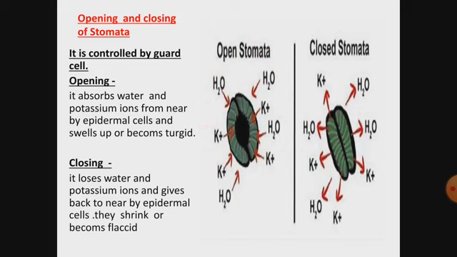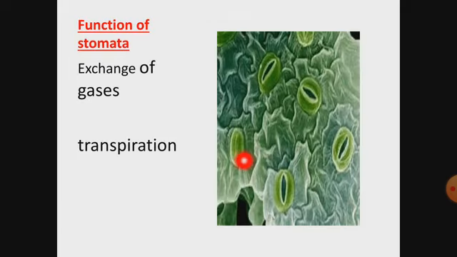I will show you in previous slides. You must have seen all these cells around the stomata. They are called the epidermal cells because this is the epidermis, upper epidermis and lower epidermis, a thin skin like structure which is present over the leaves. Okay, so this is epidermis around it.